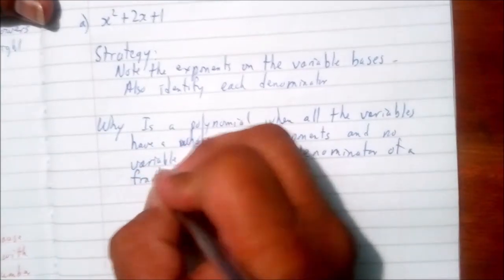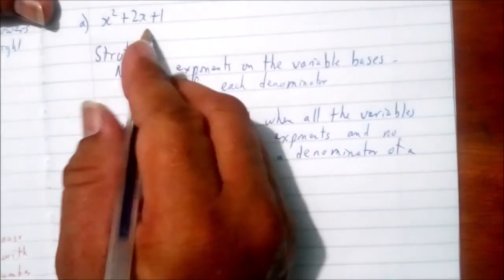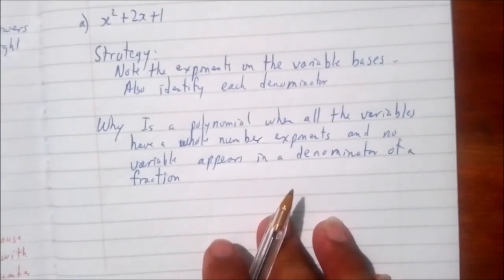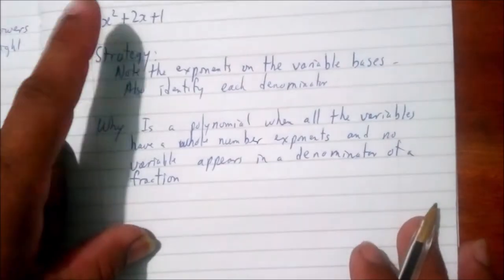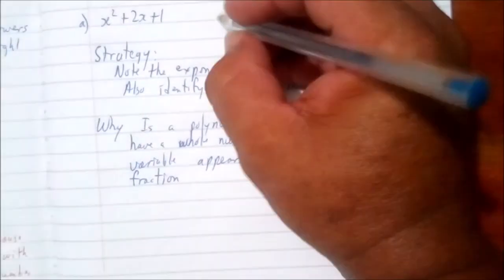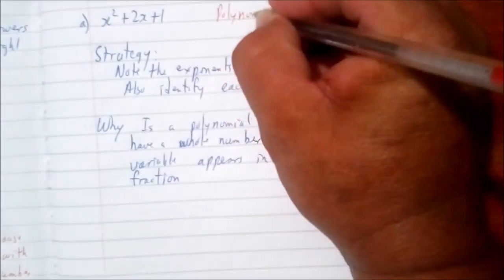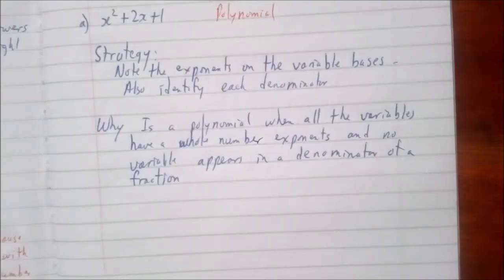So if there were to be a fraction in this particular expression, then that fraction cannot have a variable at the bottom. Therefore we can say that this is a polynomial. So polynomial, yes. Okay, let's go to another one.